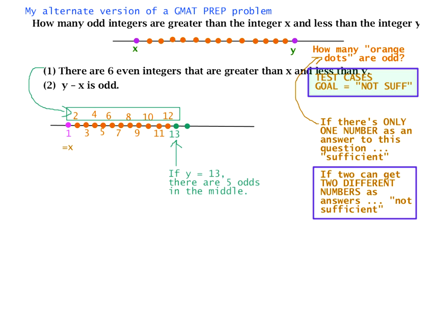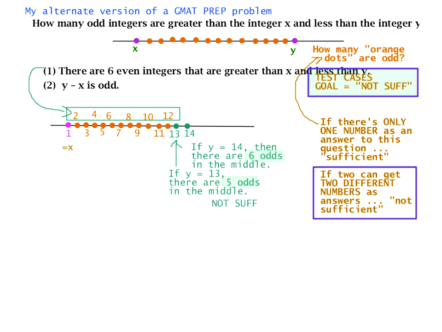So if y happens to be the next value over, then there are 6 odds in the middle. So this is not sufficient because we got 2 things to happen. All right. Yeah, we'll get there.